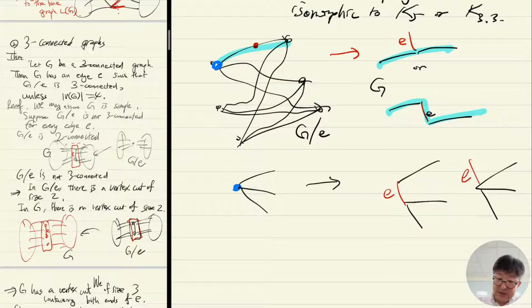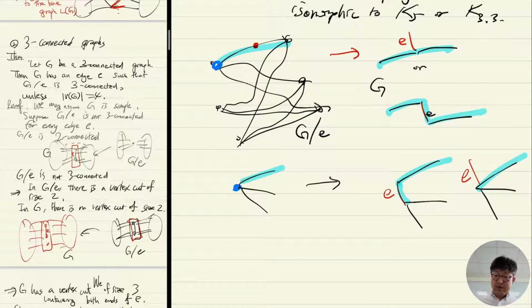But in both cases, you still have a subdivision. I can take this as my path, and in this case, it's the same. So in the case of K33, it's easy.